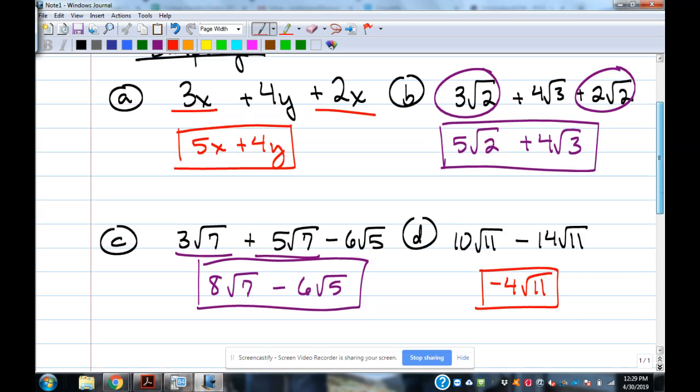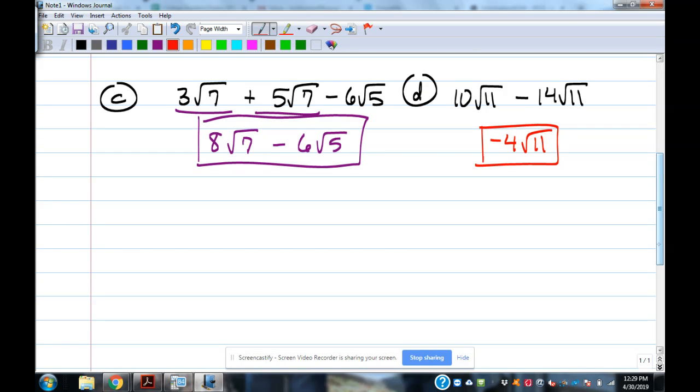Okay. Now, where it gets a little tougher is when you have a problem like this: 6 radical 5 plus 3 radical 20. Are these like terms? No, they're not. Can either of those square roots break down, though? This one has a 5.